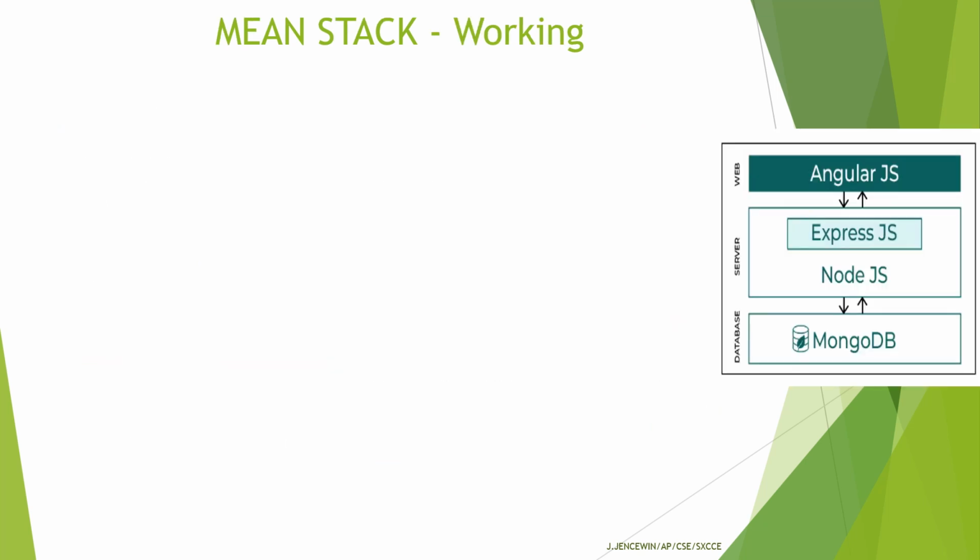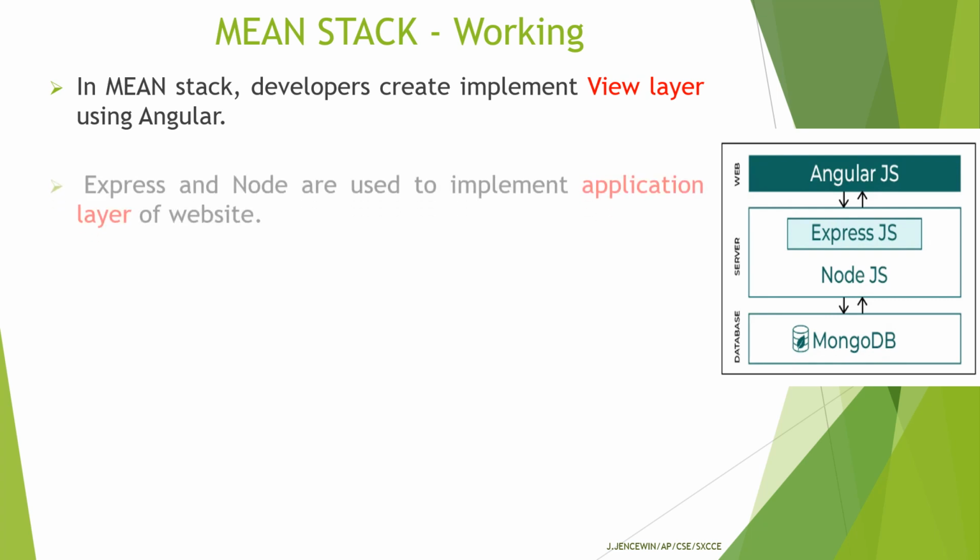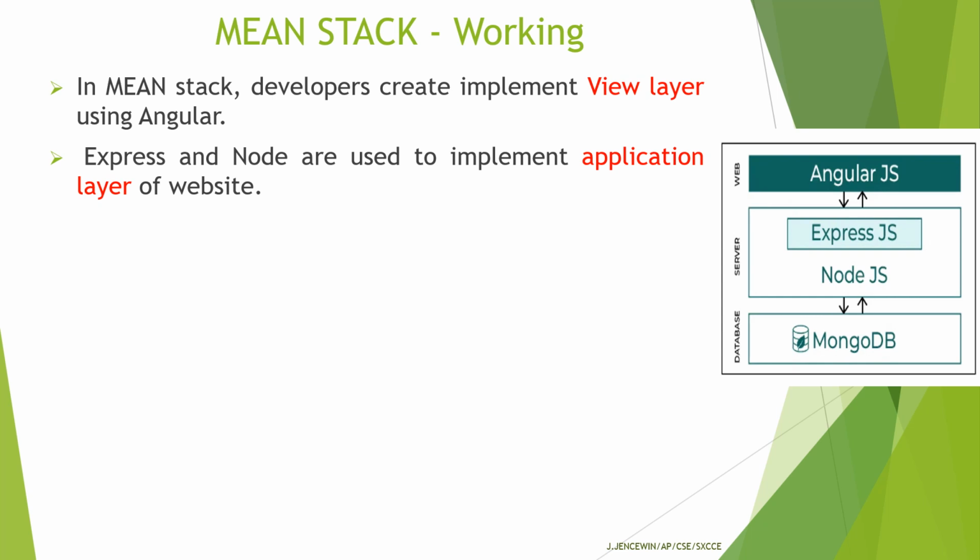The next one is the working of the MEAN stack. If you are following the MEAN stack for creating the full stack application, the developer creates the view component using Angular, and Express and Node are used to implement the application layer of the website. That is, the actual logic is implemented using Express and Node.